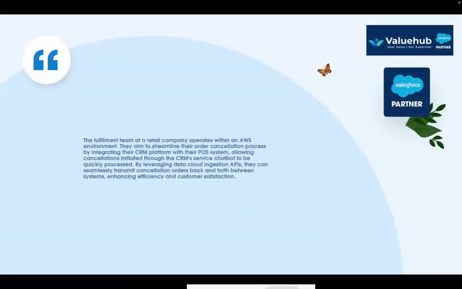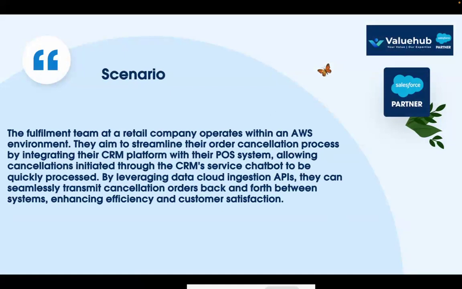Let's jump into today's scenario. Ever wondered about the people in the fulfillment team? They work with different retail stores, which have POS systems, and they only see AWS data; they only have access to the AWS environment.